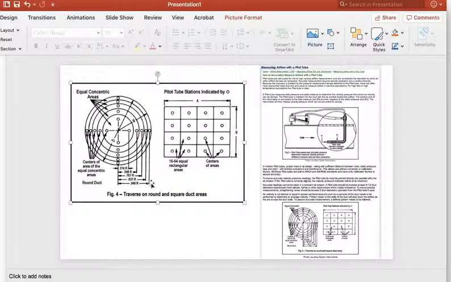So for instance, if we're starting from this side, the first one is 0.949 times the radius of the duct. That's how far in it has to be. The next one is 0.837 radiuses in from this side of the duct. And from this, you can deduce what all these different distances would have to be.